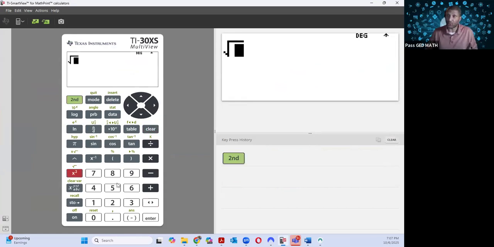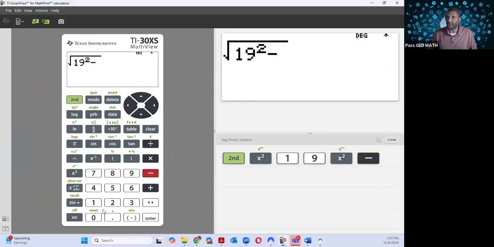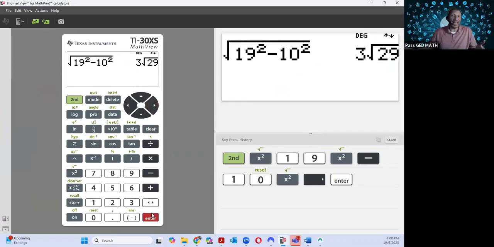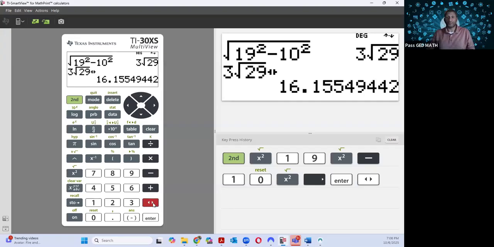Second, and x squared. 19 squared minus 10 squared. Get out of my square root. Hit my right arrow. Press enter. It gave me a radical. I know how to change that to a decimal. Hit the toggle button with the double arrows right above enter. Oh, my answer is 16.15.